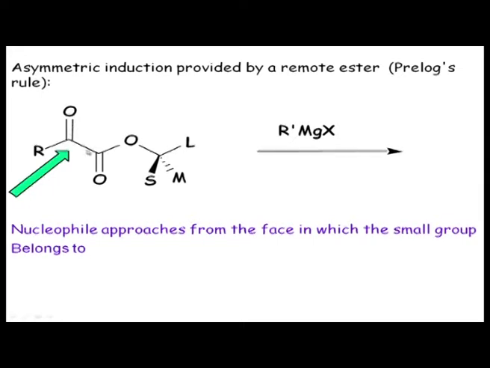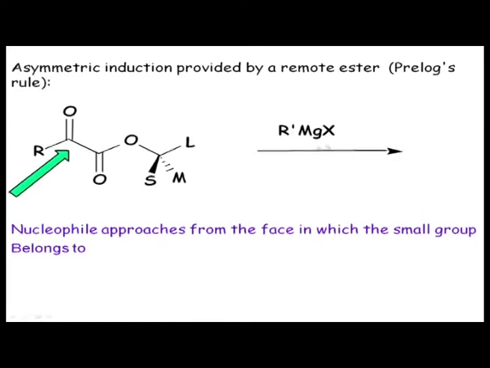Okay. See, there are two carbonyl carbons, one is the ester carbonyl, another is the plain carbonyl. This is the ester carbonyl. So, he says that the carbon-large group bond should be syn to the ketone carbonyl.